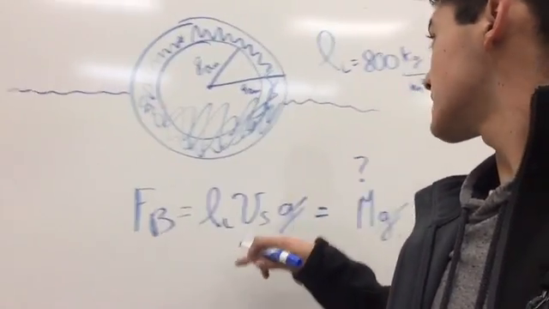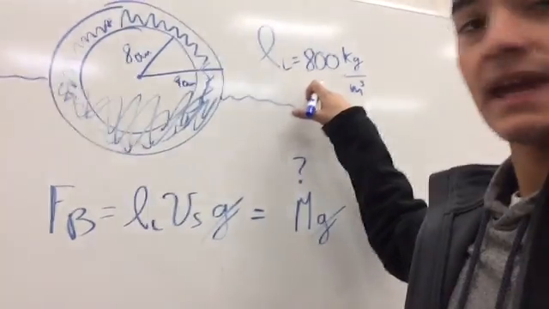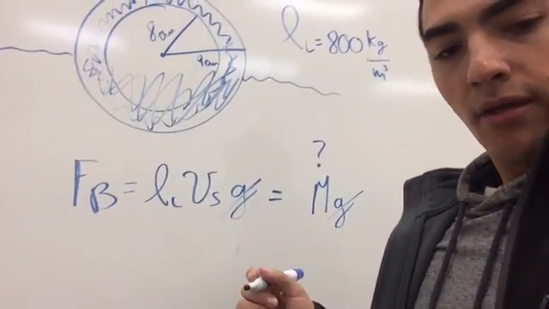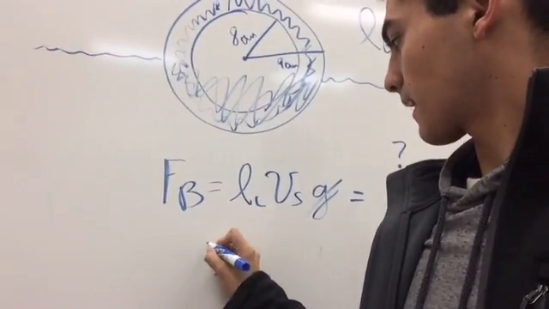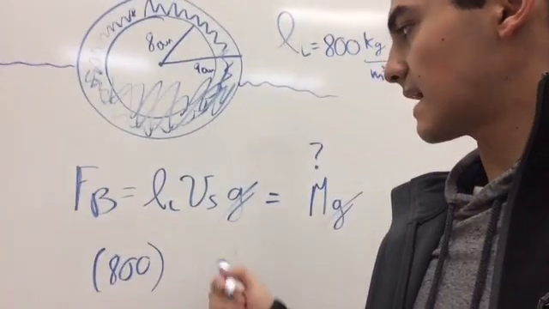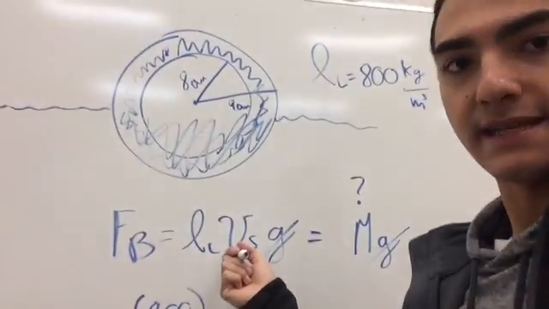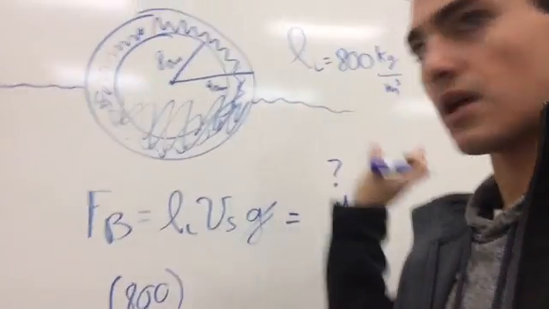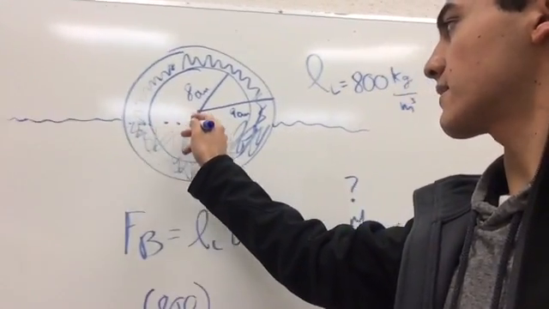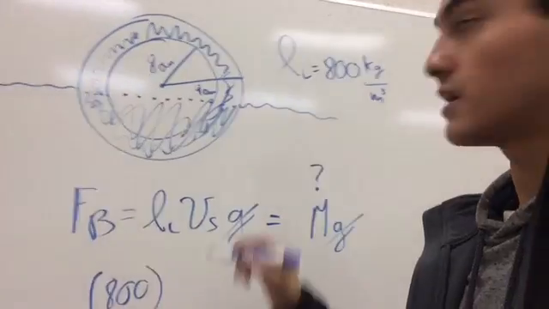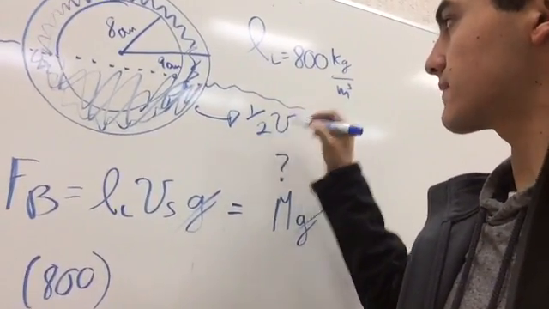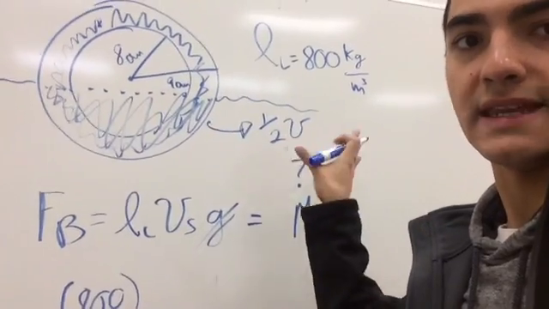So the density of the liquid, as we said, is 800 kilograms per meter cubed. So we'll have the 800 kilograms times the displaced volume. As we can see, only half of the sphere is inside the water. So this will be half of the volume that we need to calculate.